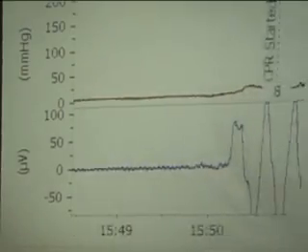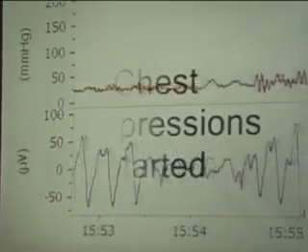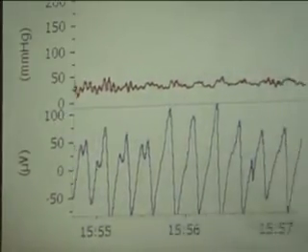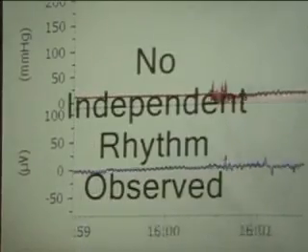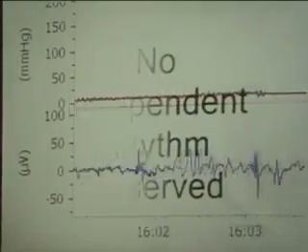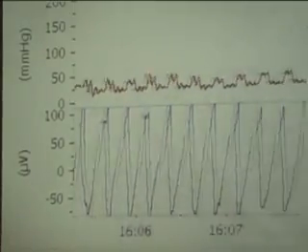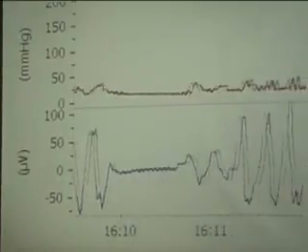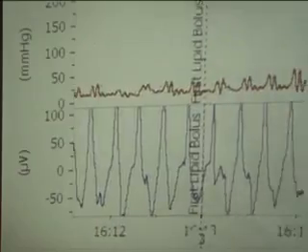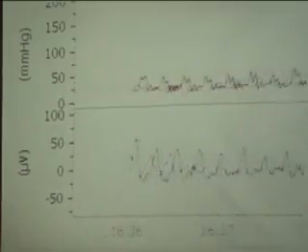That's what happens when you have a local anesthetic toxicity, and you basically end up with a flat line. So CPR is started, and if you have good cardiac compressions, you might see some pulses on your arterial line. No independent rhythm. They continue with the CPR, and with no independent rhythm, the first bolus of Intralipid is given to the patient.